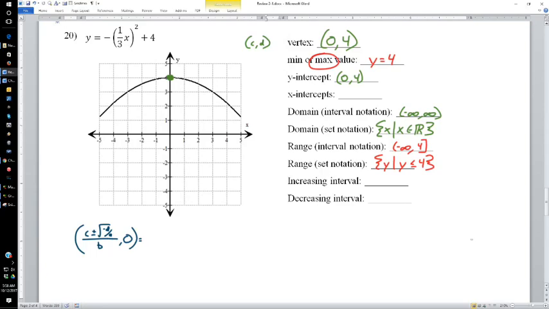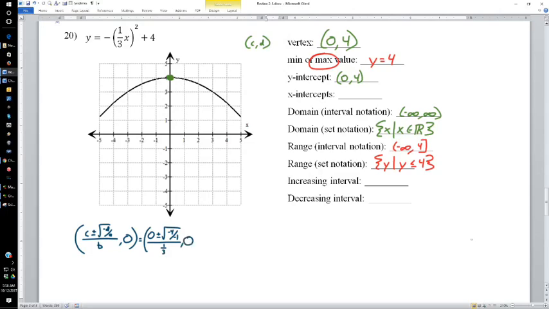Your c value is 0, plus or minus the square root of a negative d. Your d value is 4, so it becomes negative 4, divided by an a value of negative 1, divided by b, which is 1/3.